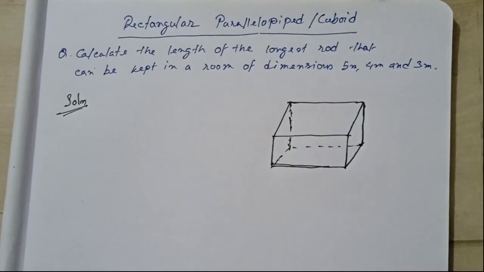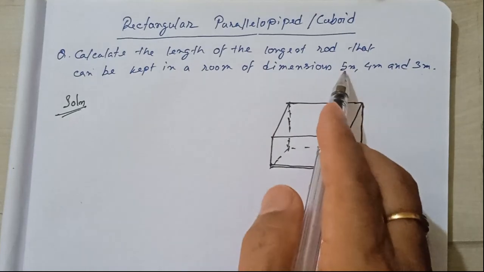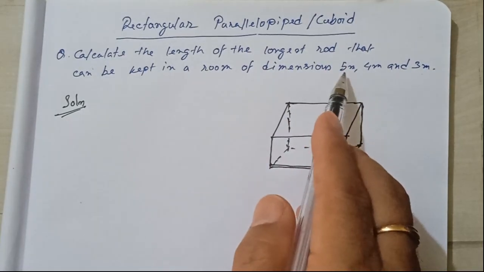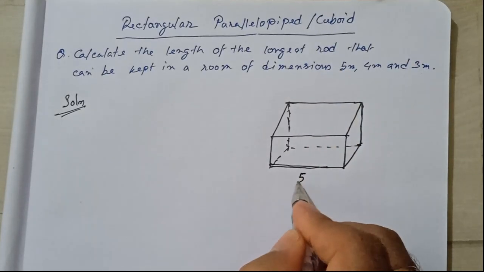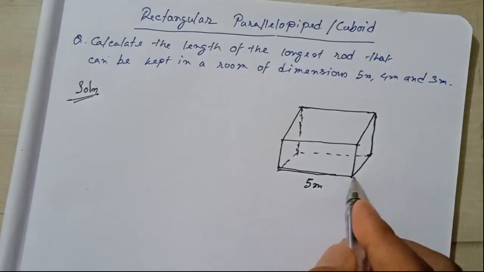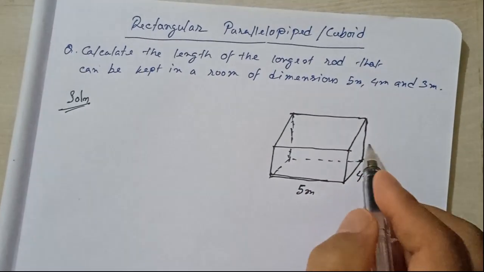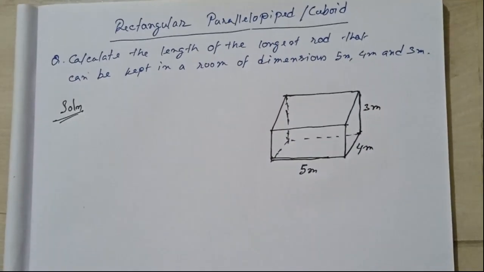So this is a room where the dimensions are given 5 meter, 4 meter and 3 meter. So you will take the longest one, 5 meter as the length. So this is the length, and the next one 4 meter is breadth and 3 meter is height.